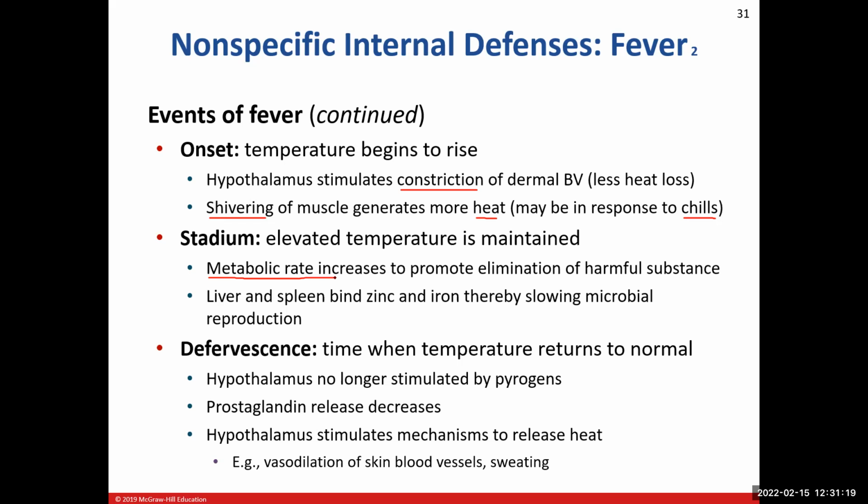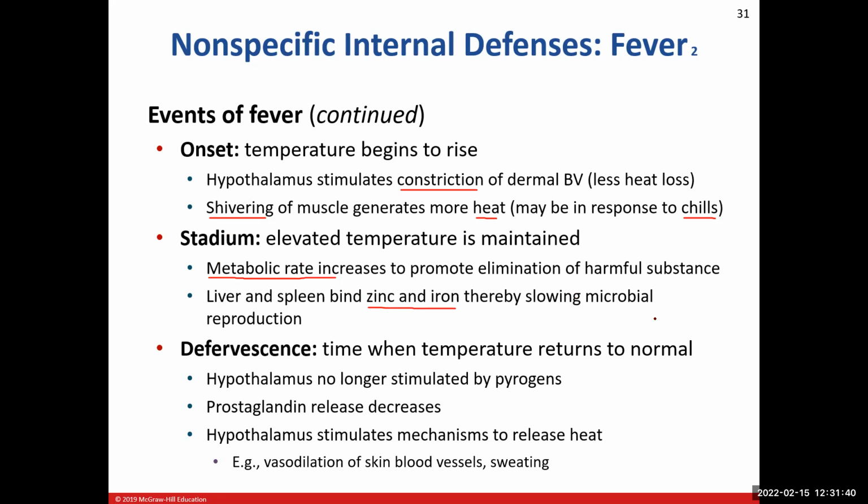Interesting fact, the liver and the spleen are going to withhold zinc and iron, which are 2 substances that these microbes need to make more of themselves for reproduction. So it withholds the zinc and the iron, therefore there's less material to reproduce, making it harder to reproduce.